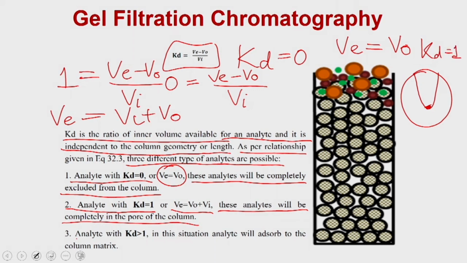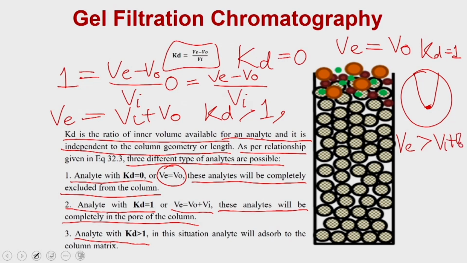Now, if you have a Kd value which is bigger than 1, what that means is that Ve is going to be bigger than Vi plus Vo, okay?